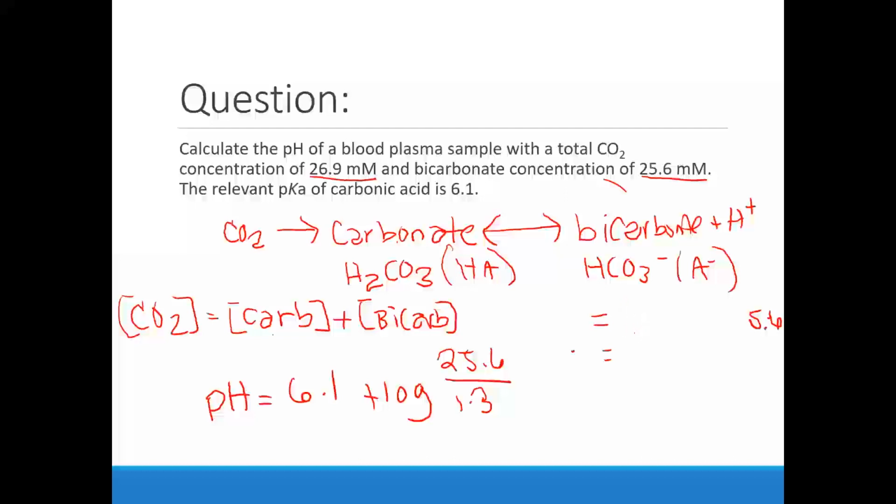So now we have all of our pieces filled in. Let's quickly calculate our pH then. So in this case, let's first do the 25.6 divided by 1.3. That gives you 19.69.